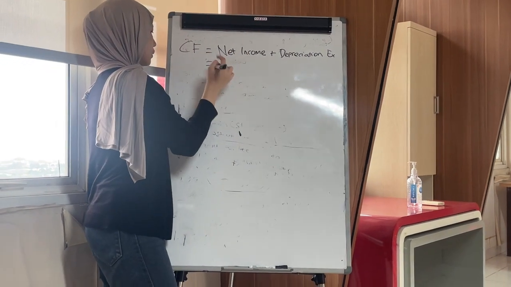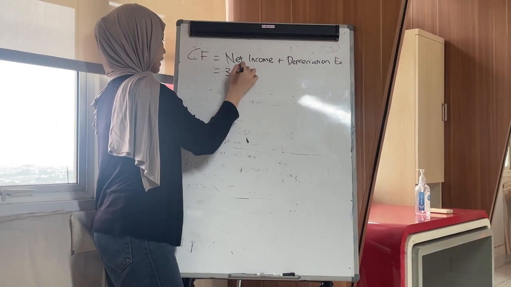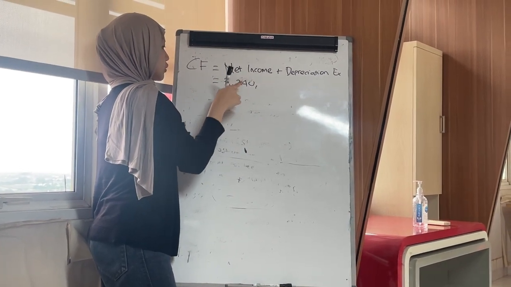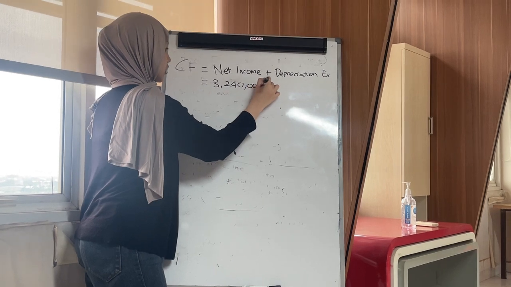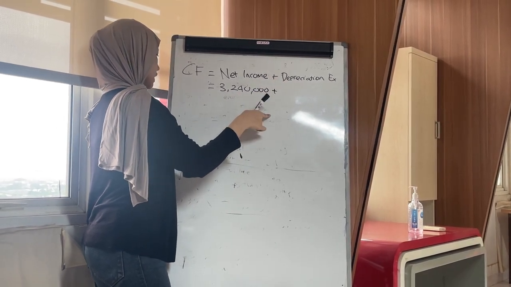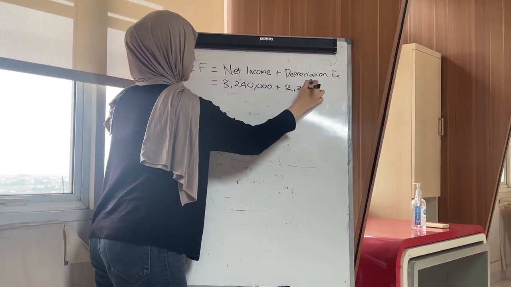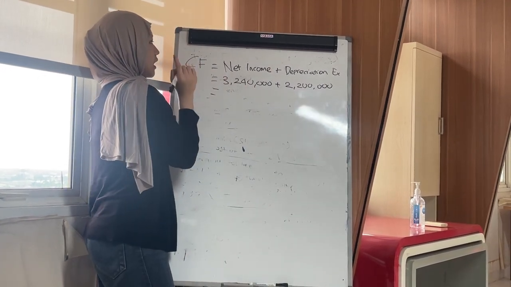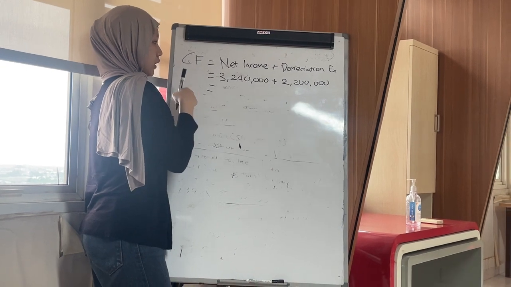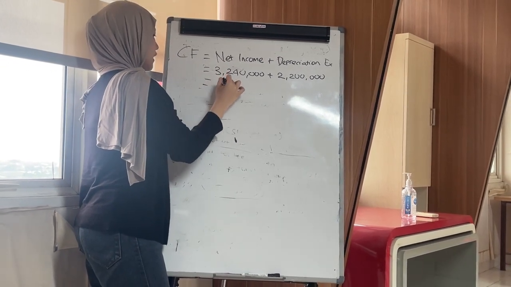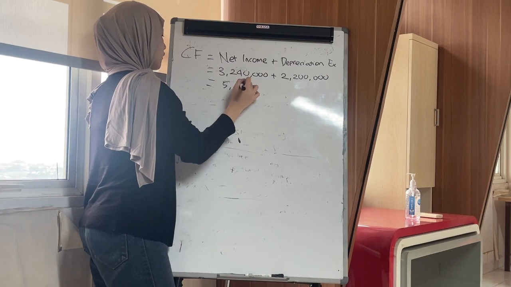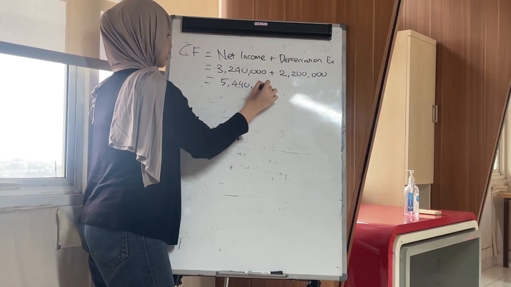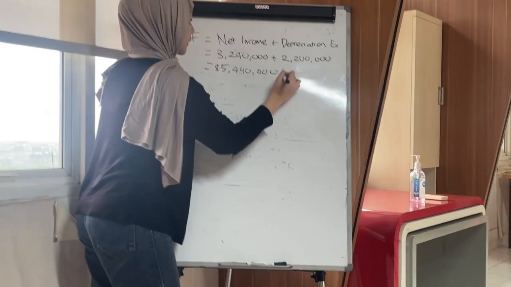Net income, we know from the previous step, is $3,240,000, plus depreciation $2,200,000. So for the annual expected cash flow, we get $5,440,000 per year.